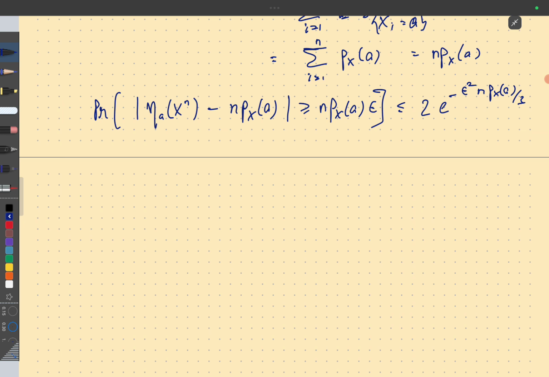Let's do another exercise, which is going to be just a simple extension of this. What is the probability that eta A of xn minus n times Px of A?